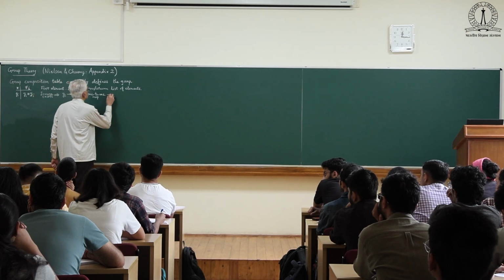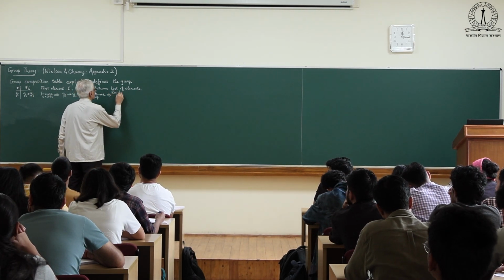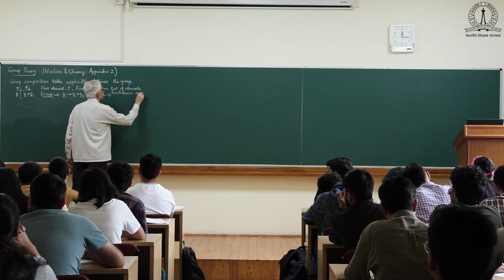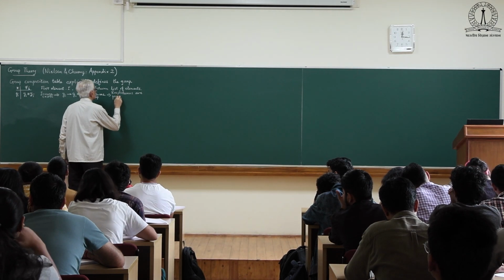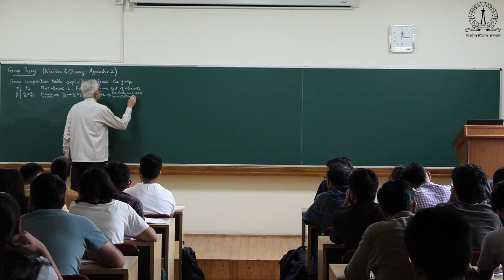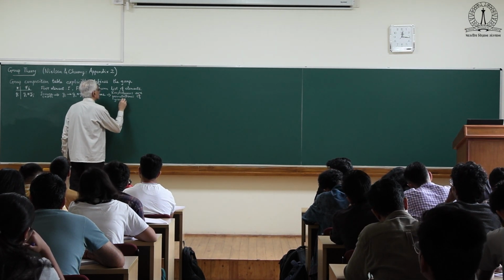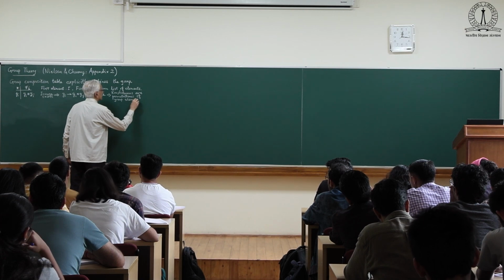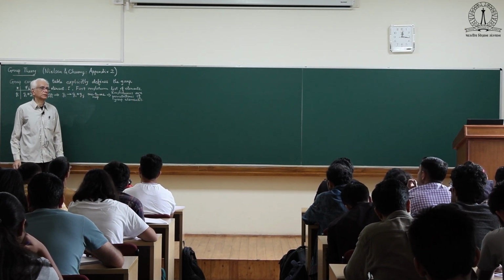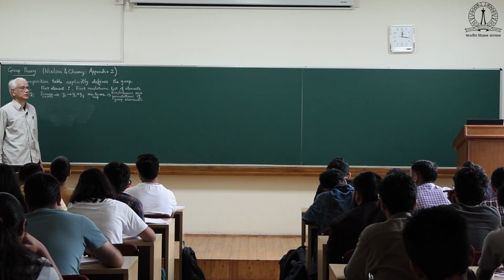So these rows or columns are permutations, and this is a very powerful constraint in understanding the structure of the group.